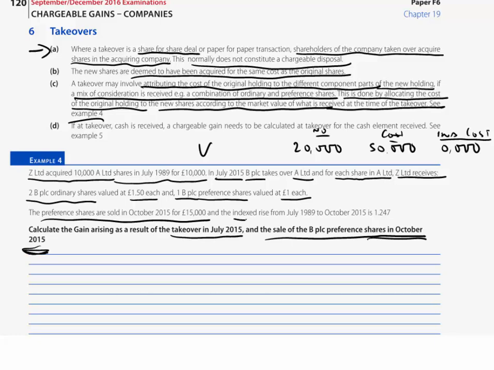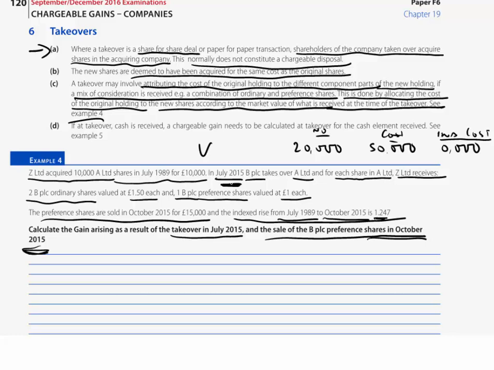And the indexed rise from July 89 to October 15 is 1.247. Right. What this means is that at the date of takeover, which was in July 15, they have not given us the amount of indexation that would have applied to your holding of A Limited shares.